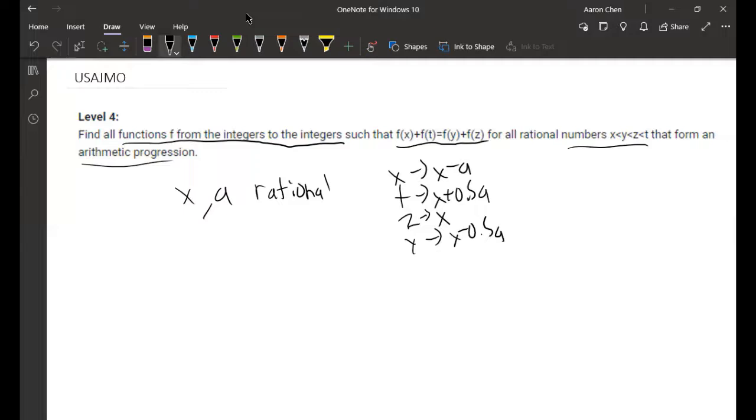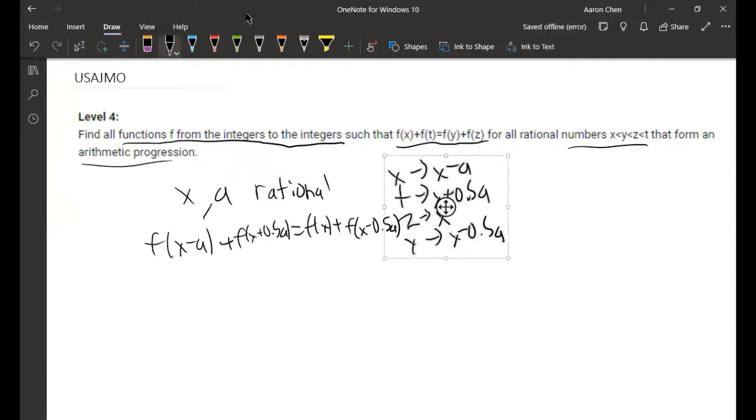And so that just gives f of x minus a plus f of x plus 0.5a equals f of x plus f of x minus 0.5a.